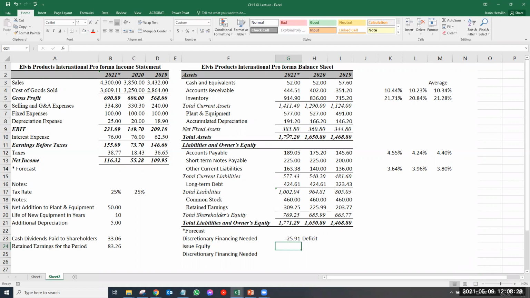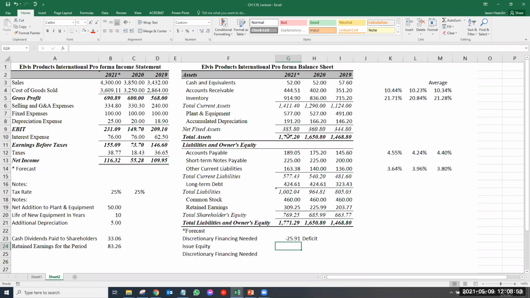So we need extra financing. In order to keep this example a little simple, we're going to assume that the extra financing needed, the discretionary financing needed, is going to be done through issuing equity. It can also be done through long-term debt, for example, or a combination of both.